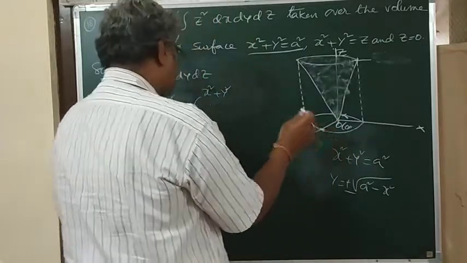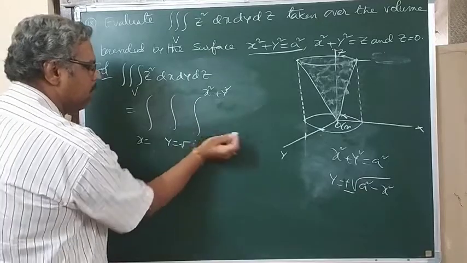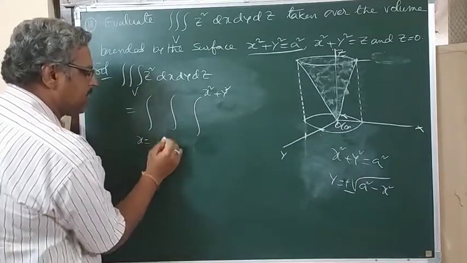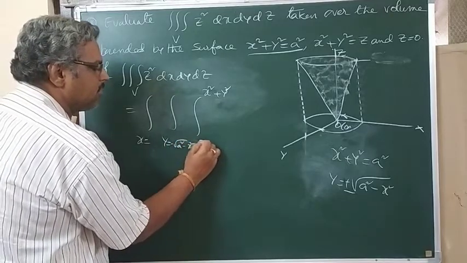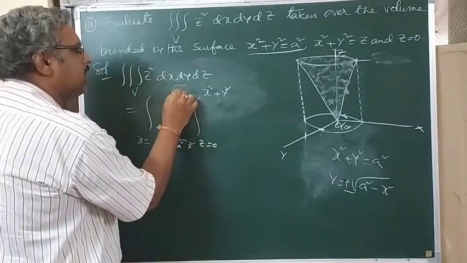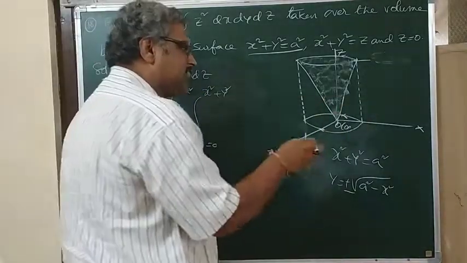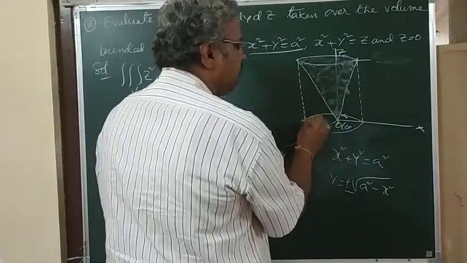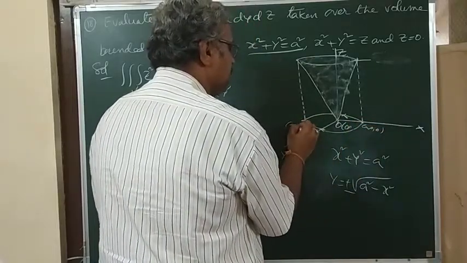From the negative sign to the positive sign, that is, minus square root of a square minus x square to square root of a square minus x square. Okay. Now along the x-axis, this is the point a, 0, 0, and next to here minus a, 0, 0.